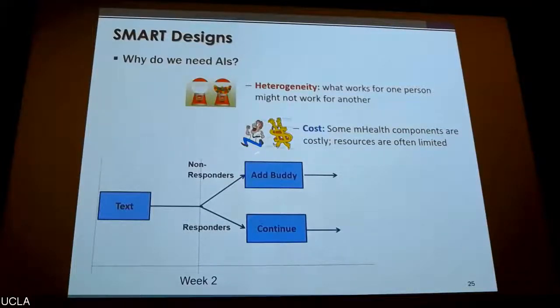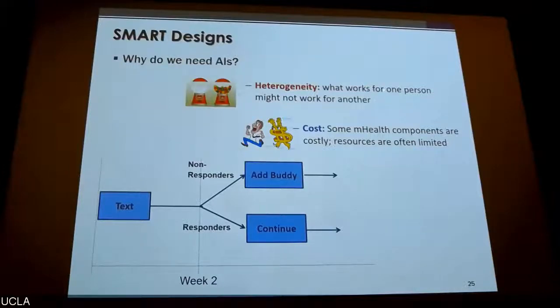Otherwise, they're going to fail. So here, what we decided to do is add body training, right, to prevent them from failing. And people who are doing okay, we just leave them alone. So the first motivation is to identify early participants who are likely to become ultimate non-responders and modify your intervention components to prevent them from falling behind. Does it make sense? Second reason is cost.